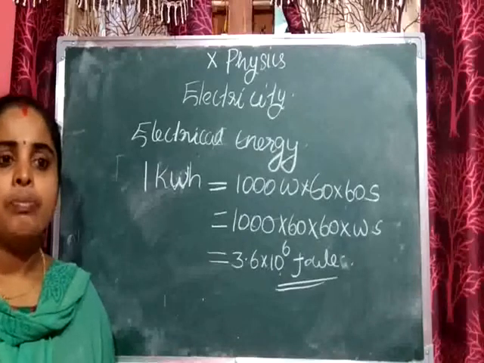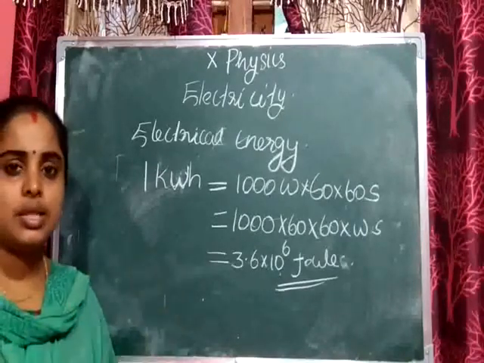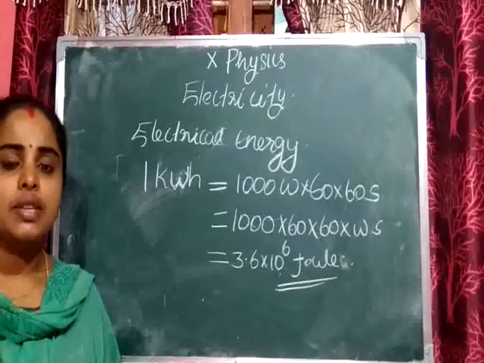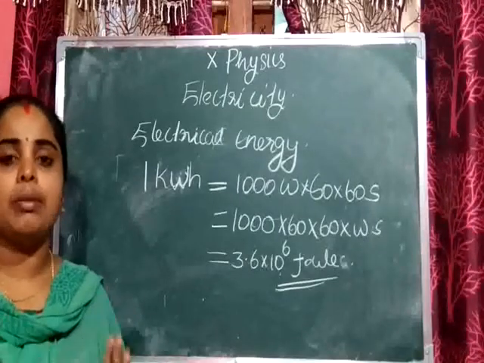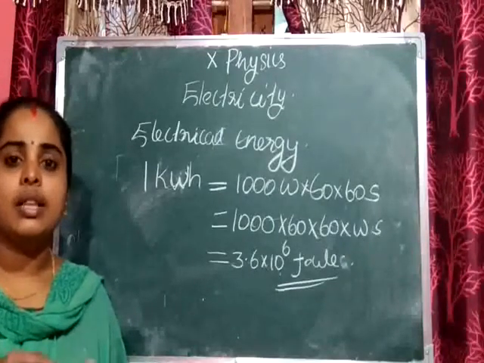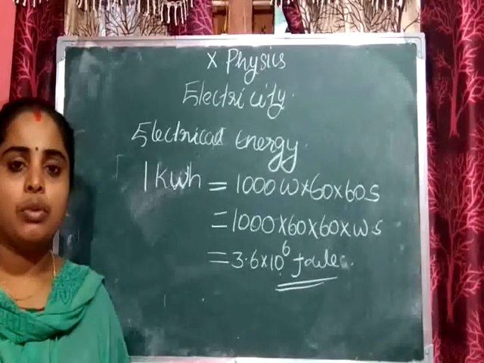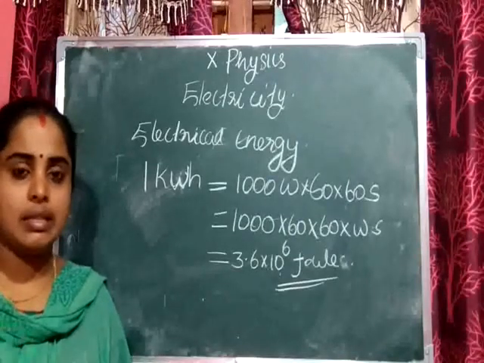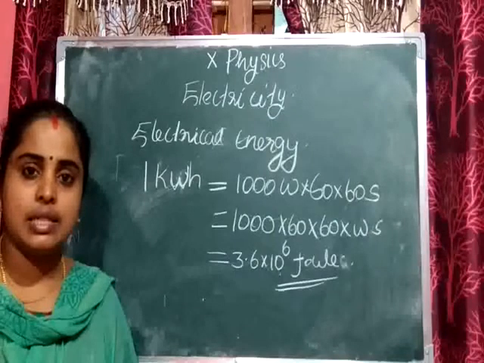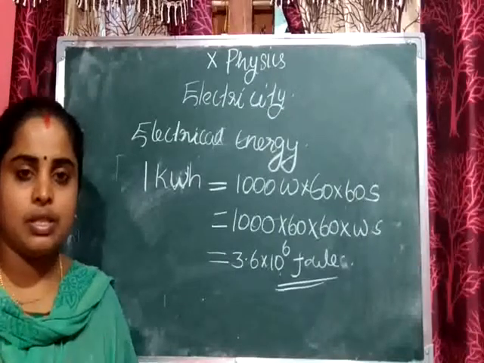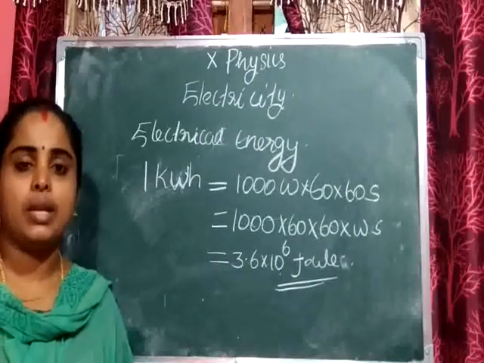So let us revise the whole lesson once again from the first. In the first class we discussed what is electric current, then electric potential, then Ohm's law, then resistance, factors affecting resistance, then combination of resistances, parallel and series combination.